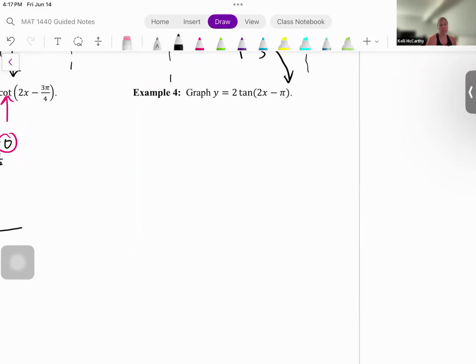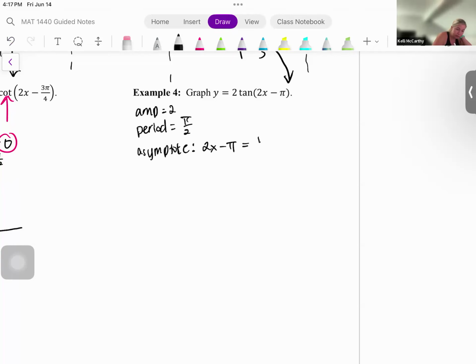Y equals 2 tangent of 2x minus pi. Our amplitude is 2. Our period's going to be pi over 2. To find our asymptote, we're going to take our argument 2x minus pi.